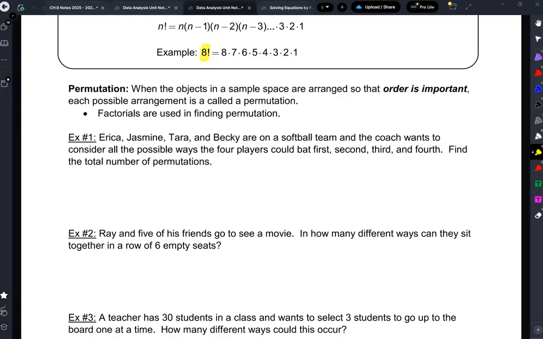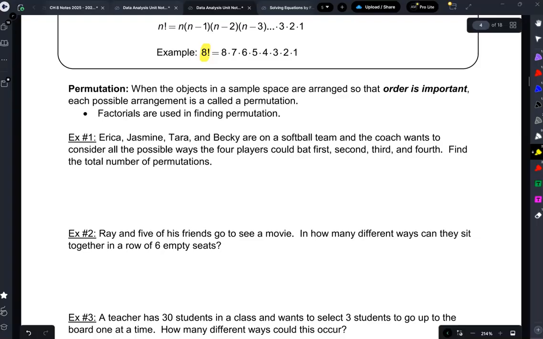But if you were switched, that would be a different permutation. It's how many different ways there are to arrange you. And if I had, for example, Jacob, Liam, and Akiva, that would be another one, and so on. Each of those is a permutation.